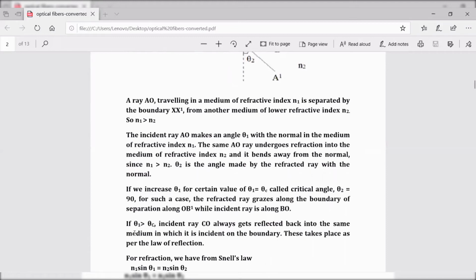Now, if theta 1 is increased such that theta 1 is greater than theta c, at that time the incident ray CO always gets reflected back into the same medium in which it is incident on the boundary.